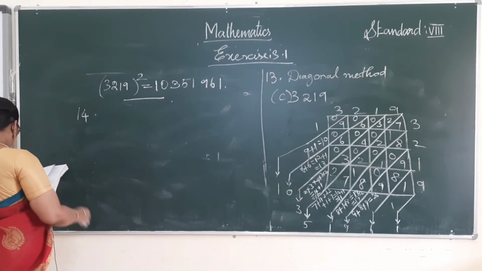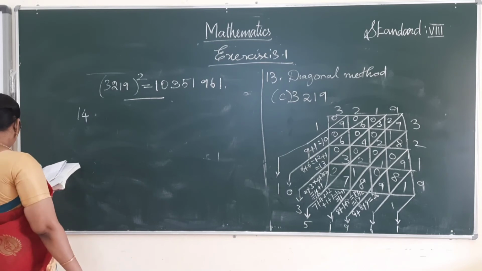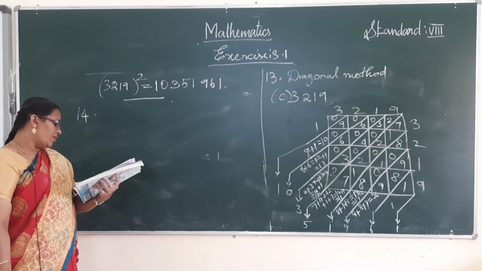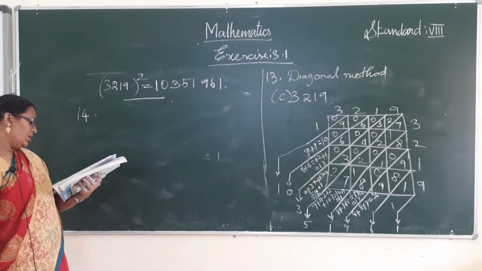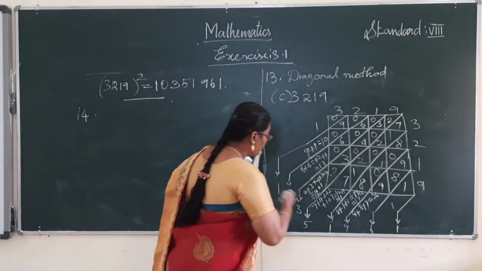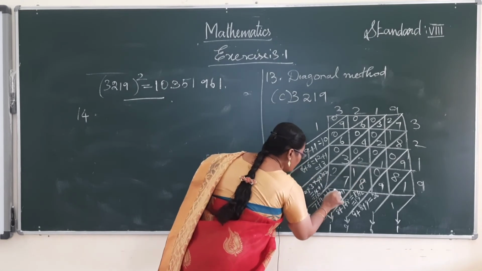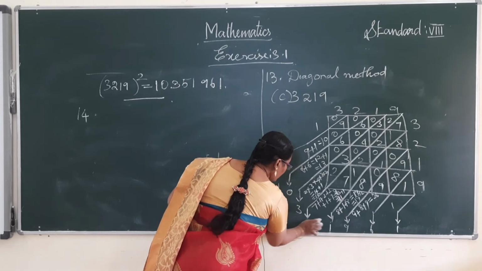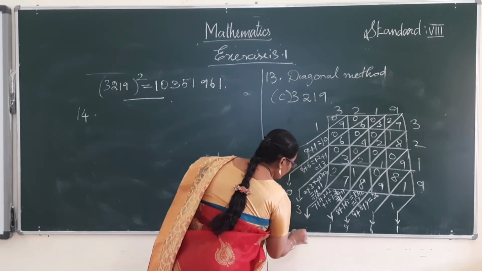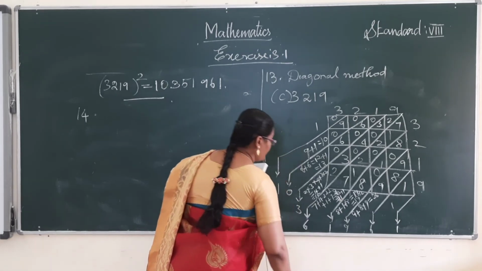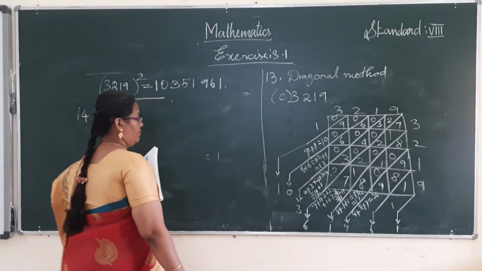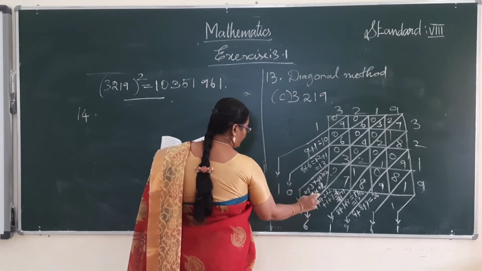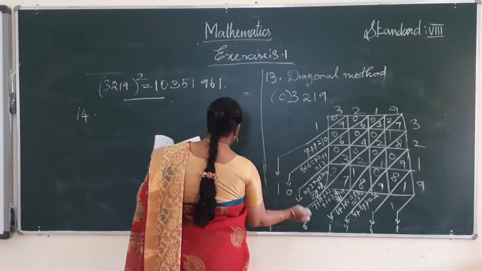Remaining problems are homework. Okay, and 14th one, using the shortcut, finding the squares of the following. 20, sorry, 21. Okay, so here 6, 2 carry forward here, so 66.